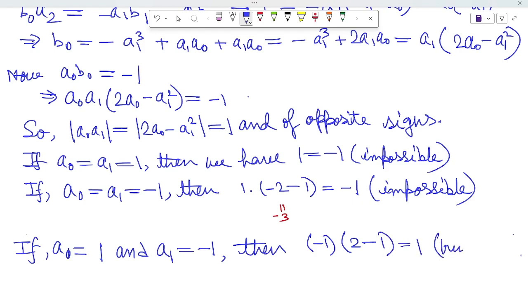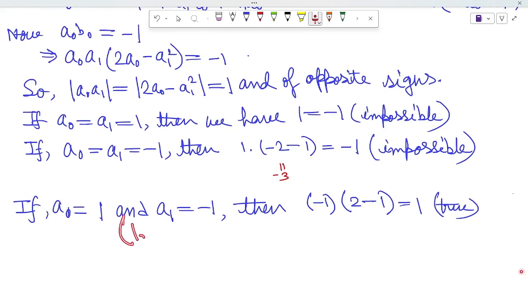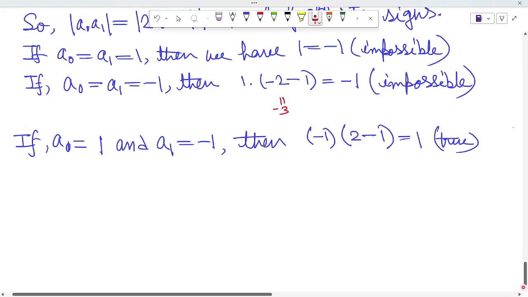It is true. So that is an accepted solution set, 1 comma minus 1. You can accept it without any ambiguity.